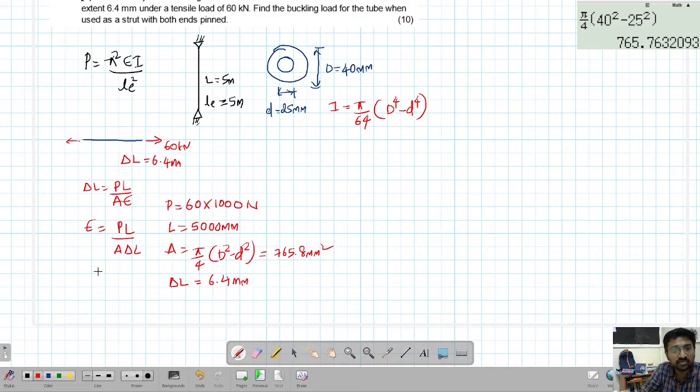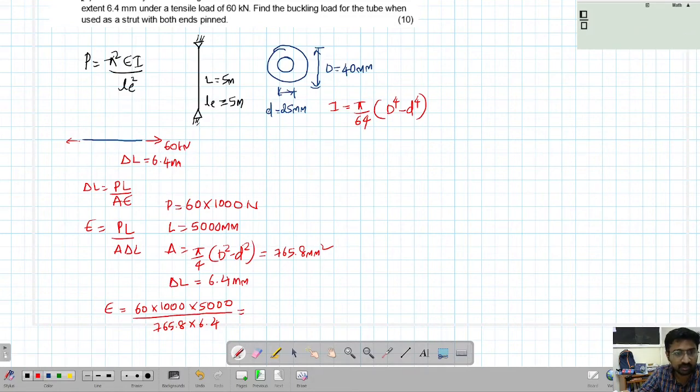Now when you substitute this, we can find the value of E. E is 60 times 1000 times 5000 divided by 765.8 times delta L, which is 6.4. So when we calculate this, let's see what value we will get.